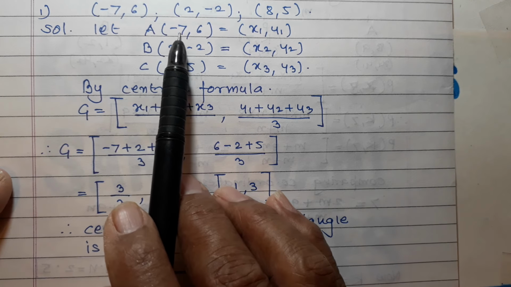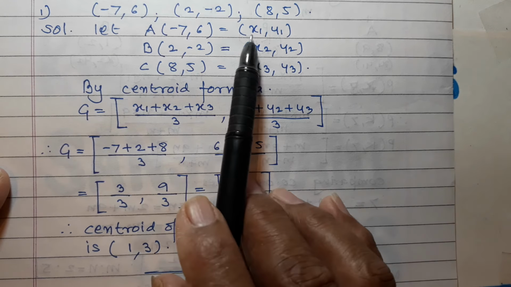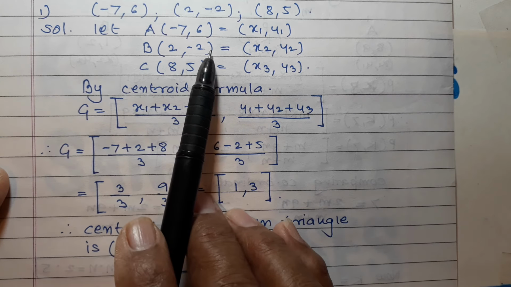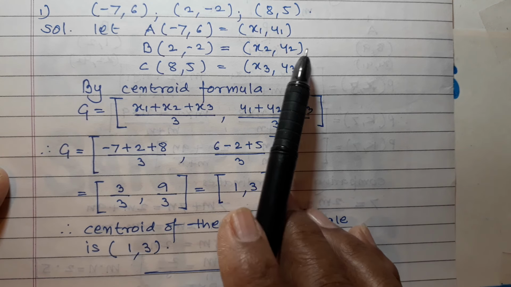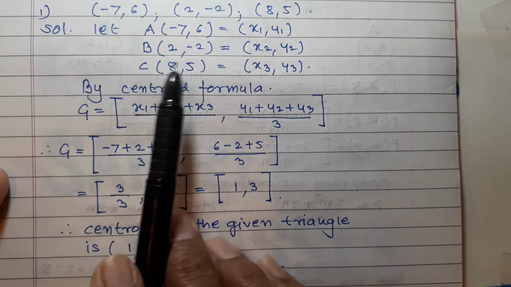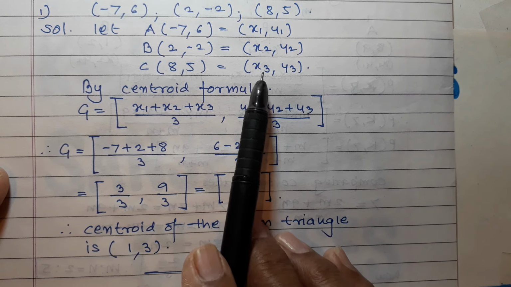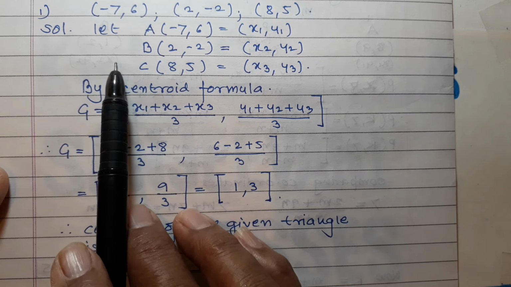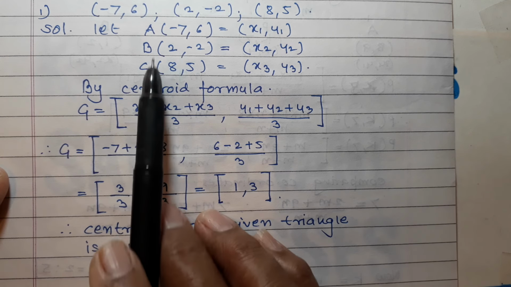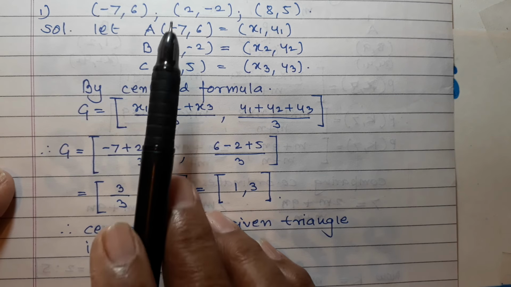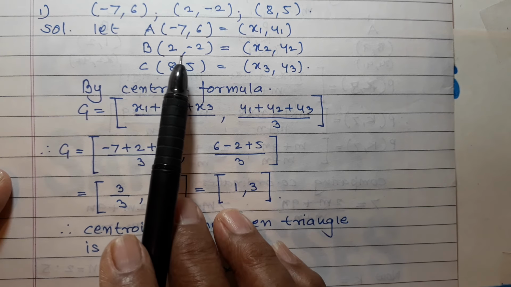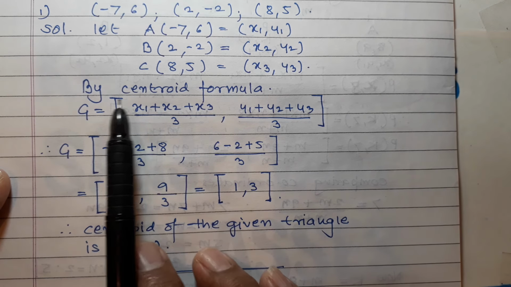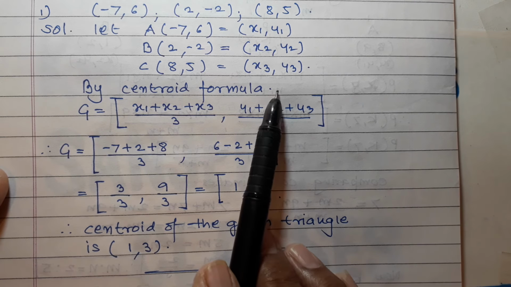Let A(-7, 6) is equal to (x1, y1), B(2, -2) is equal to (x2, y2), and C(8, 5) is equal to (x3, y3). Now in this case, one thing you remember, write your points below each other so that you can substitute the values in the formula very easily.